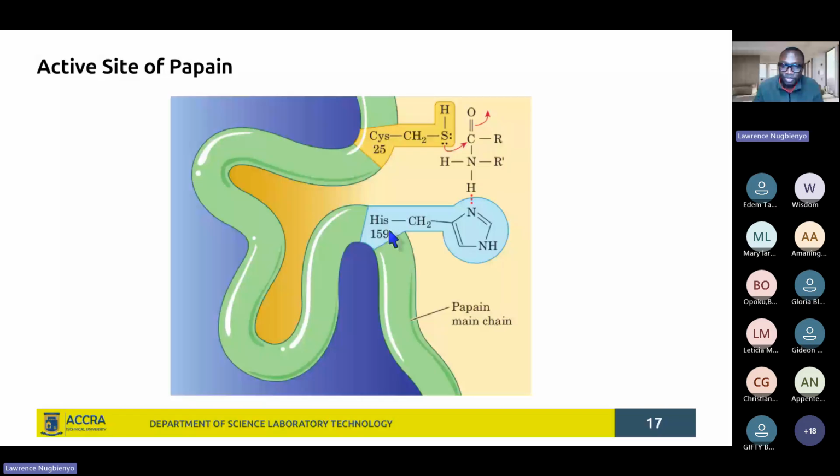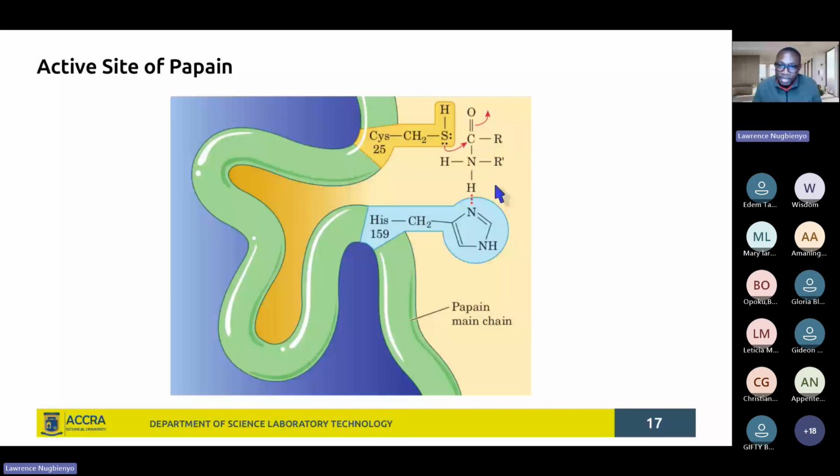And you see, there's a protein being depicted here, just showing the peptide bond. A peptide bond is formed between a carboxylic acid group of one amino acid and the amine group of another amino acid. The rest of the chain is shown with R and R prime.